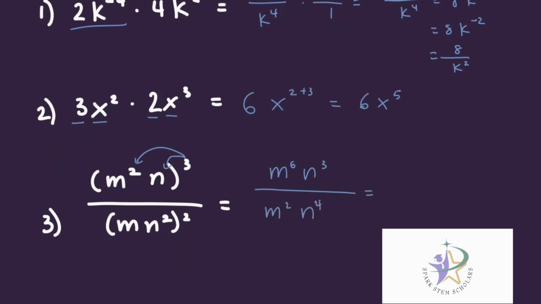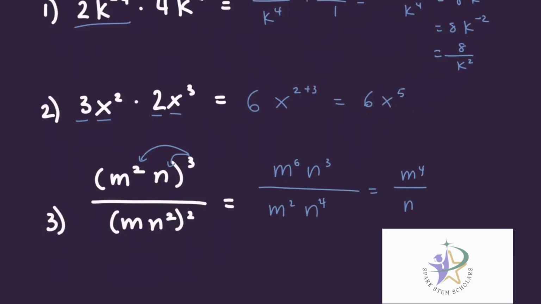And then now we can further simplify this into m to the 6 minus 2, that's 4, so that's m to the 4th. And then since 3 minus 4 is negative 1, then n will be in the denominator. Answer is m to the 4th over n.